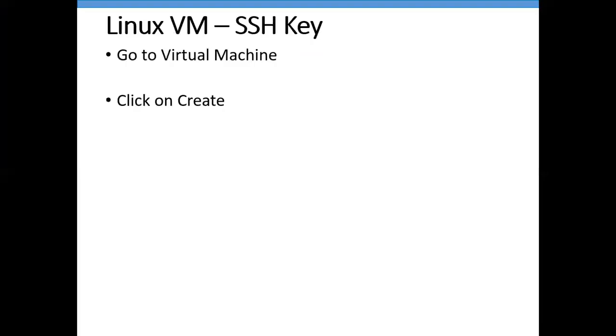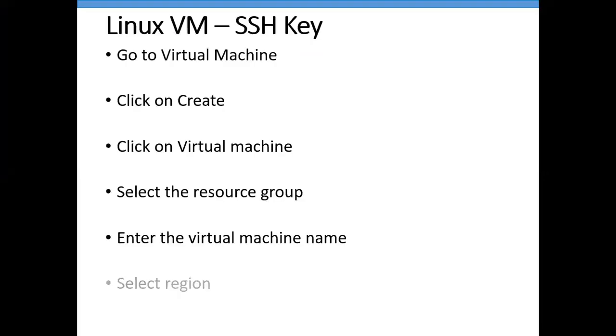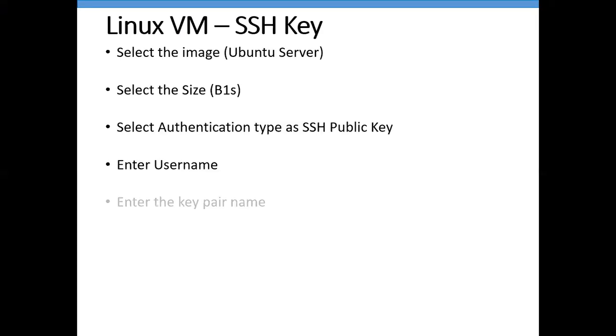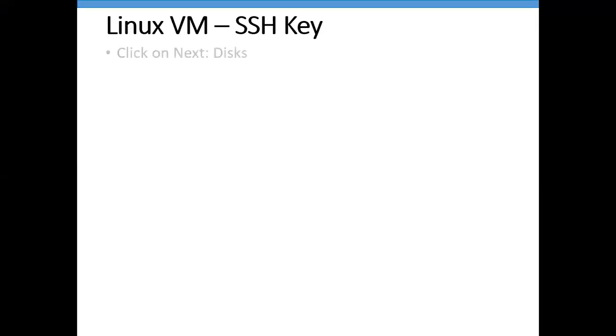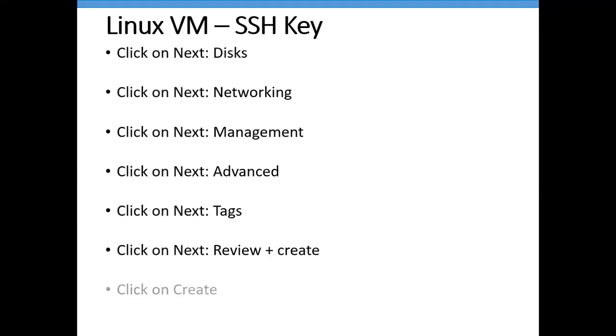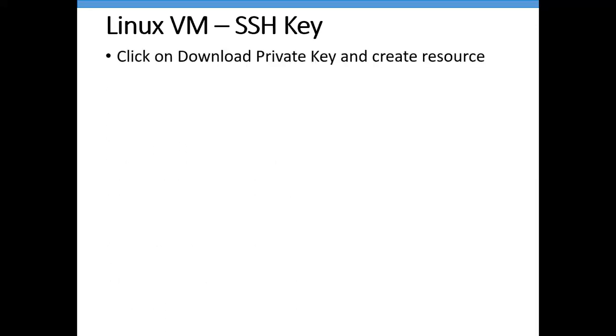Now, after creation of this virtual machine, what is the next step? We need to connect to this particular machine. And to connect to this machine, I again need Putty. But with Putty, I need one more tool called PuTTYgen.